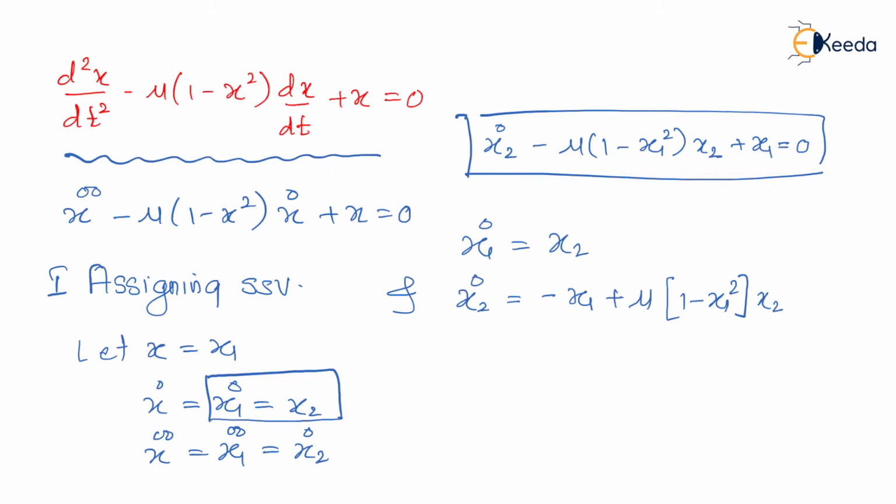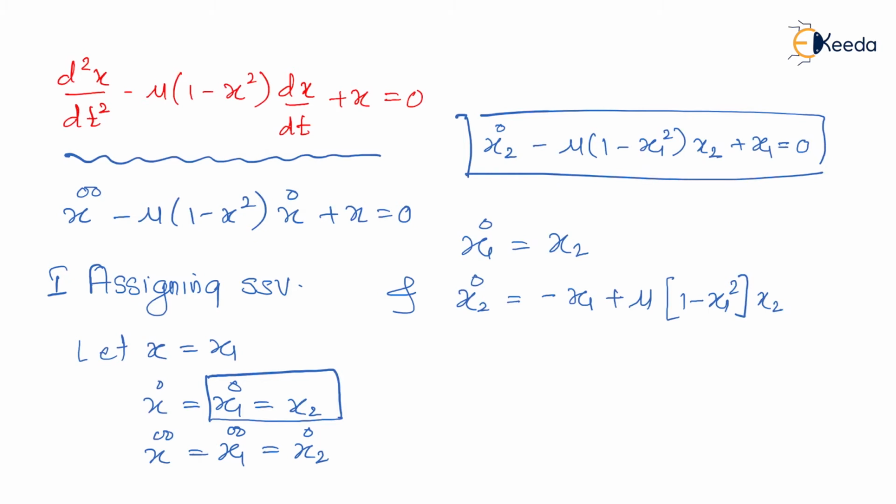Students, please make a note how I have written the expression: x2 dot, and remaining terms shifted to the RHS. So x2 dot is minus of x1, this minus mu becomes plus mu, with 1 minus x1 square, with x2.